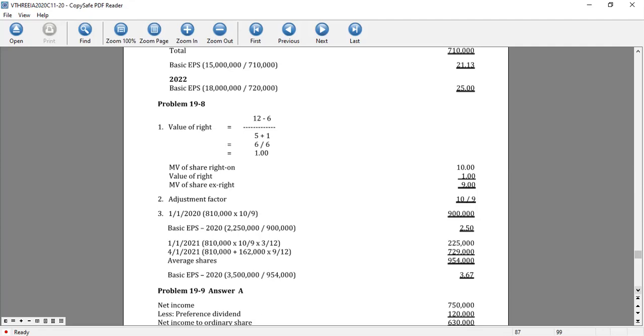And for January 1, 2021, we still have 810,000 times 10 over 9 times 3 over 12, from January 1 to April 1. So 225,000. April 1 up to December 31, that's for a period of 9 over 12. So we have now 810,000 for the number of shares and the adjustment factor.